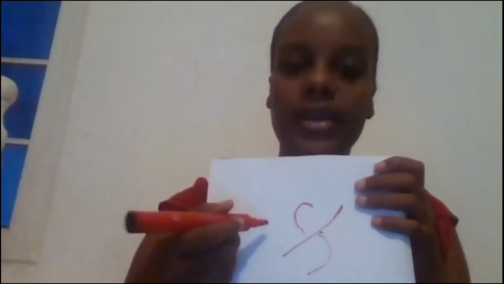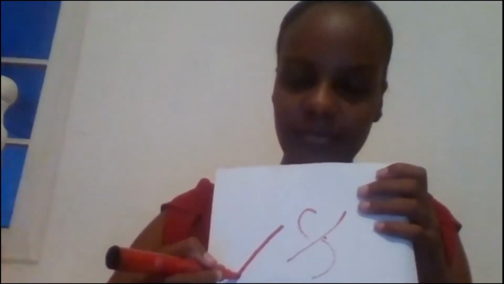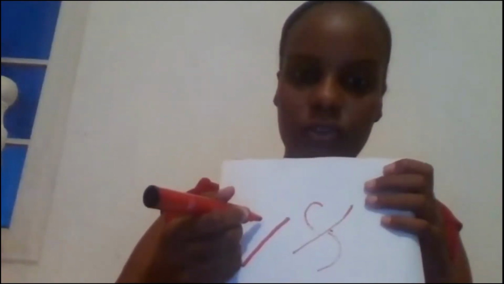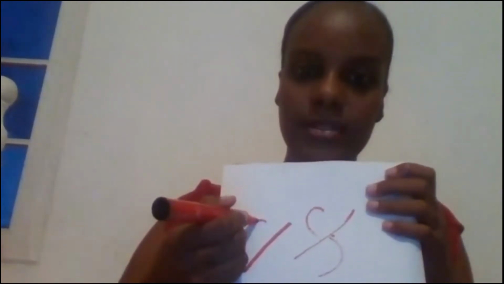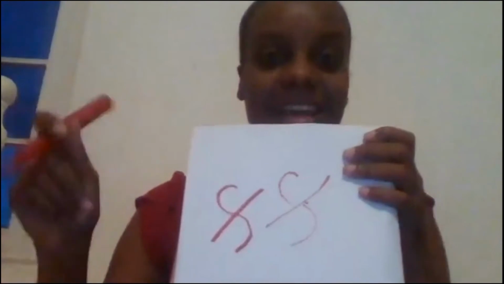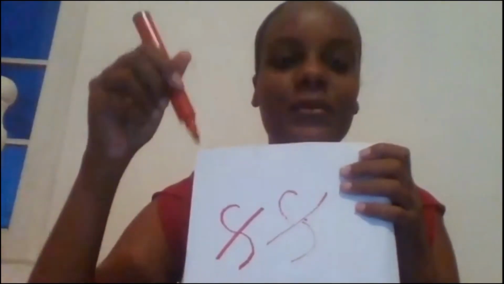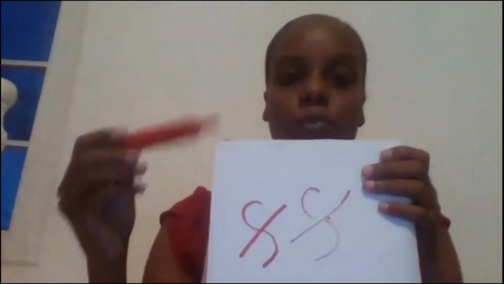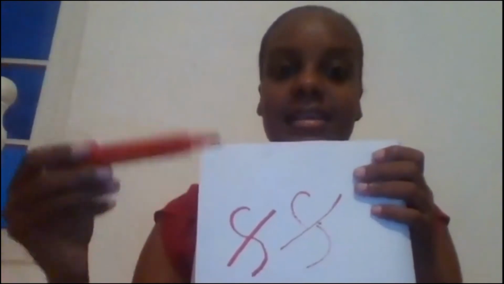Or you can do another straight line, and then you do a continuous curve. Awesome. That's the true Aleph. That's the handwritten Aleph. Now we're going to move on to the second consonant in the Hebrew alphabet, and that's Bet.